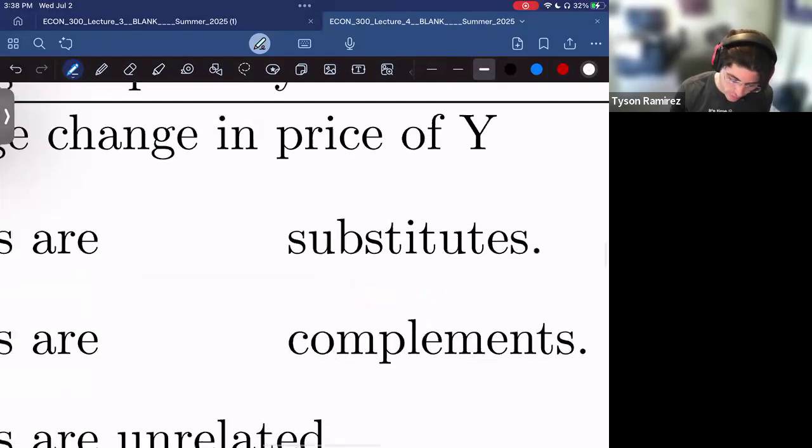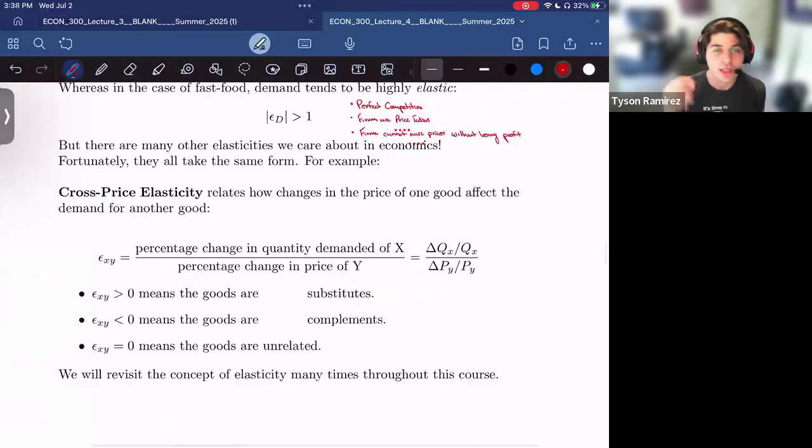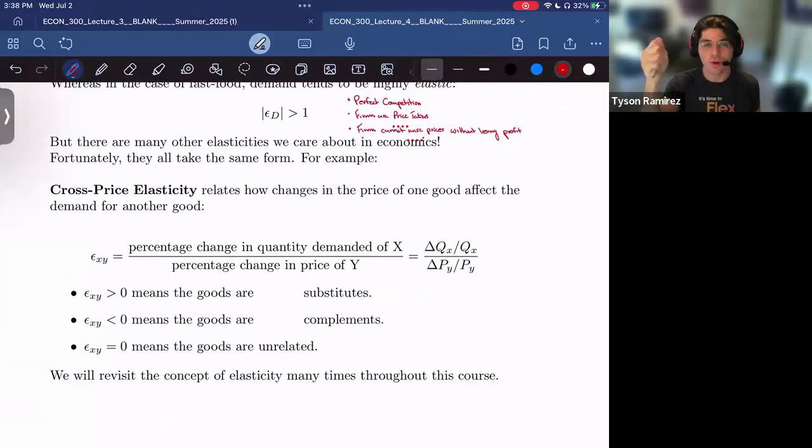Meanwhile, if this is a negative number, then these goods are complements. If the price of Y goes up and the quantity demanded of X goes down, then these goods are complements. And if it equals zero, if the price of Y goes up and nothing happens to X, then these goods are unrelated, orthogonal to each other. They're unrelated, doesn't matter.